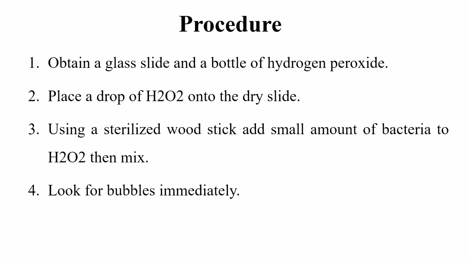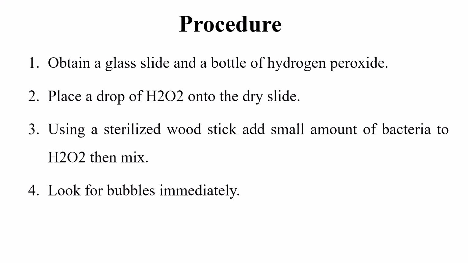For the procedure of this test, we obtain clean, dry microscopic glass slides and a bottle of hydrogen peroxide. We place a drop of H2O2 on the dry slide. Using a sterilized wooden stick, we add a small amount of the bacteria to the H2O2 and mix it very well. Then we look for bubble formation. If we have bubbles immediately, it's good.